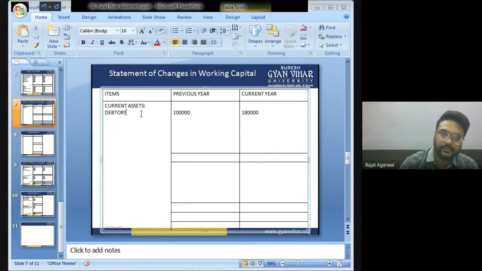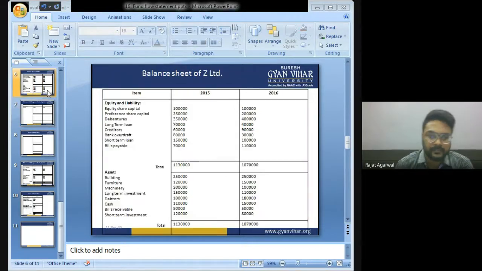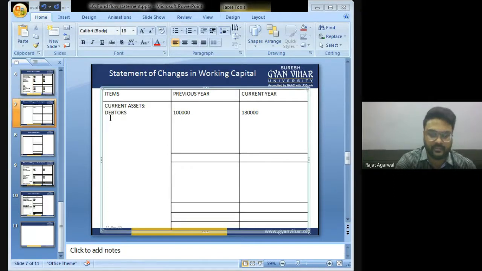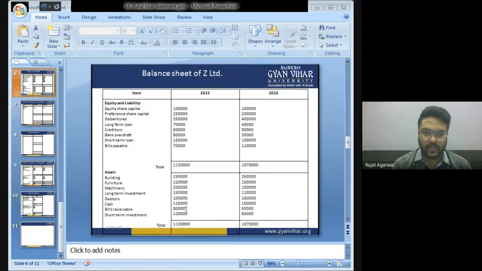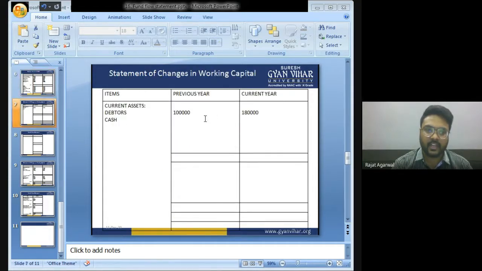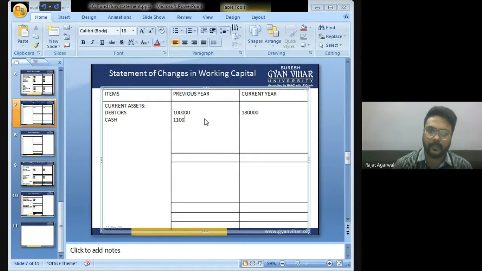After debtor, cash. How much is cash? Previous year 1,10,000 and current year 1,50,000.